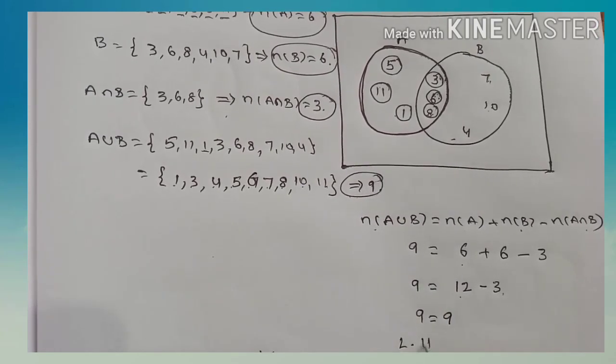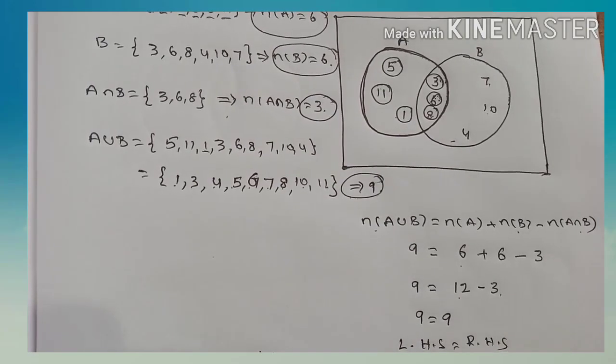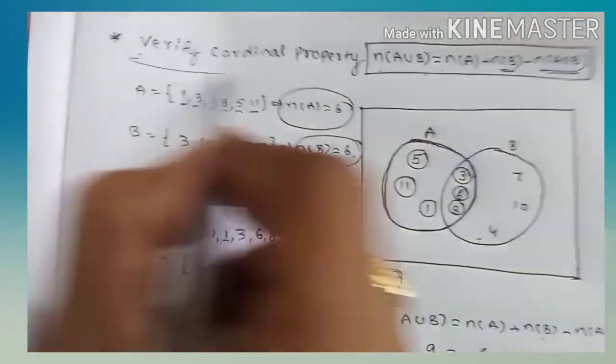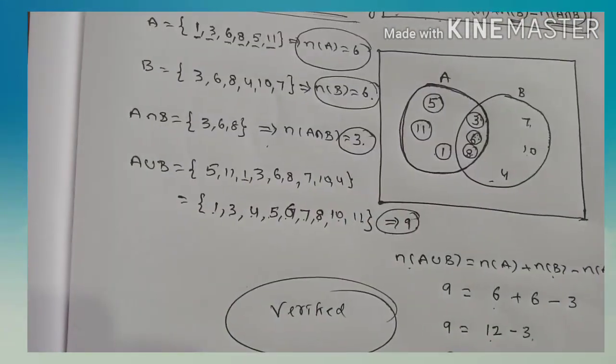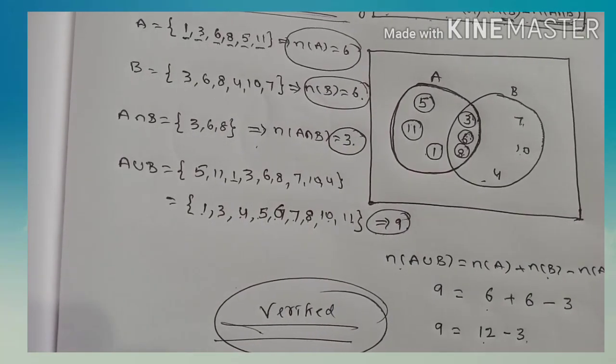So LHS is equal to RHS. Hence verified the cardinal property. What is the given question here? Verify the cardinal property. So at last we write the conclusion: verified the cardinal property.